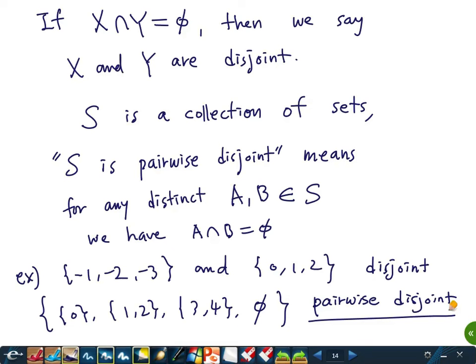All right. One more definition. At this time we will restrict ourselves to a subset of a given set.